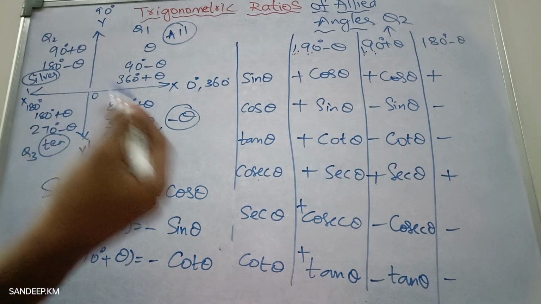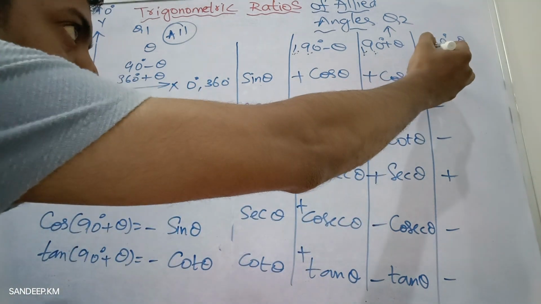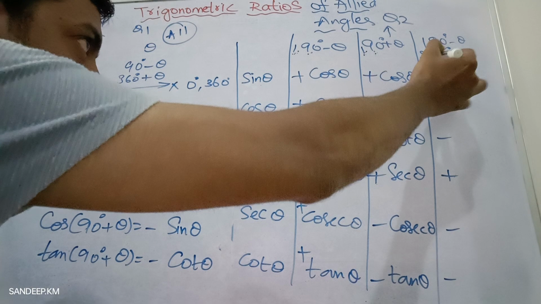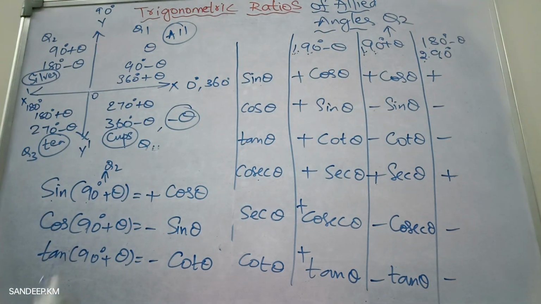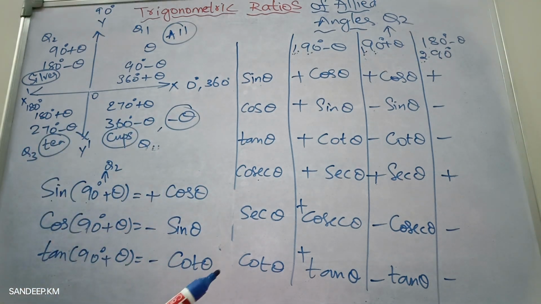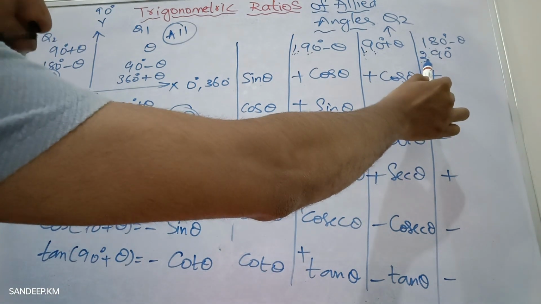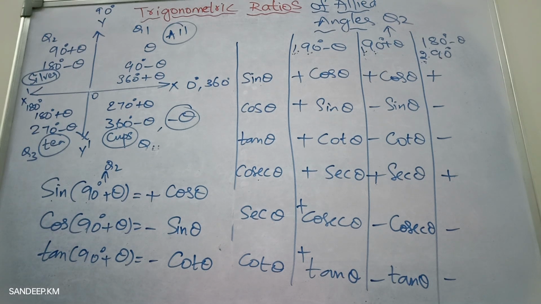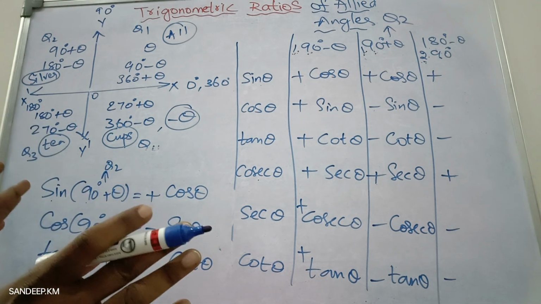Next, 180 degrees is 2 times 90. It is an even multiple of 90. So the n value is 2 here, n is an even number. For odd multiples of 90, sin becomes cos, cos becomes sin, and so on. There will be a change. But for even multiples of 90, 2 is an even number, 180 degrees is an even multiple of 90, there will not be any change.